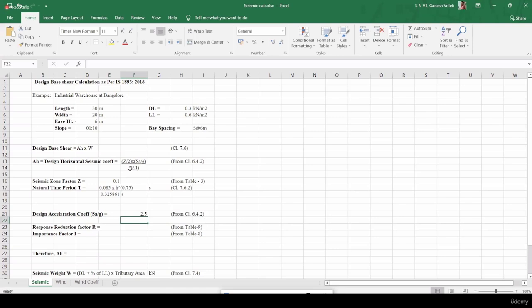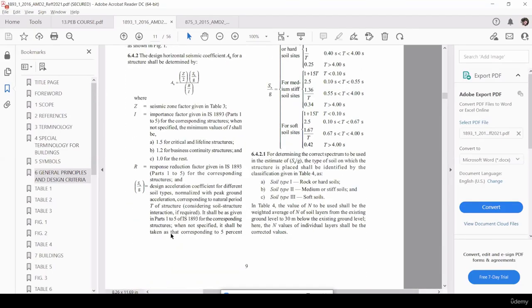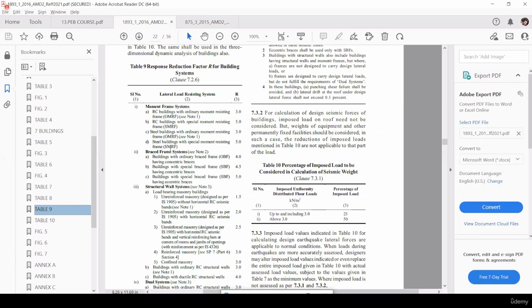The next parameter is the response reduction factor. How to calculate it? The response reduction factor is taken from table number 9, response reduction factor for building systems. What is the type of frame we are using here? RC buildings with OMRF, RC buildings with special moment resisting frames, steel building with ordinary moment resisting frame, and steel building with special moment resisting frame.